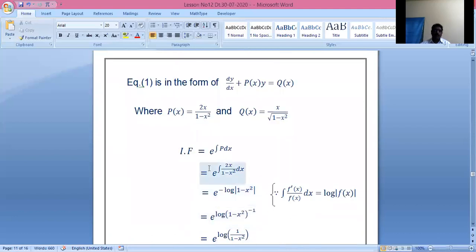Now IF is equal to e to the power of integration P dx, that is equal to e to the power of integration, here P is 2x by 1 minus x square, therefore 2x by 1 minus x square dx. Here the integrand is in the form of f dash x by f of x. Therefore integration of f dash x by f of x dx is equal to log mod f of x. Therefore here e to the power of minus log 1 minus x square.